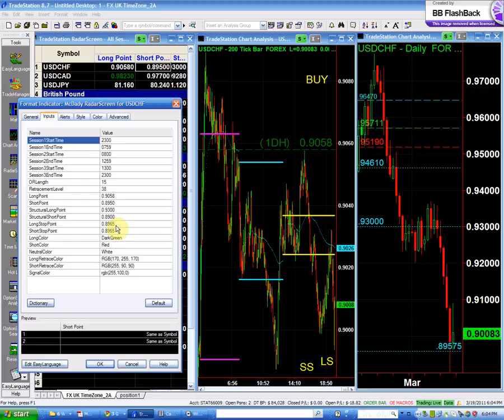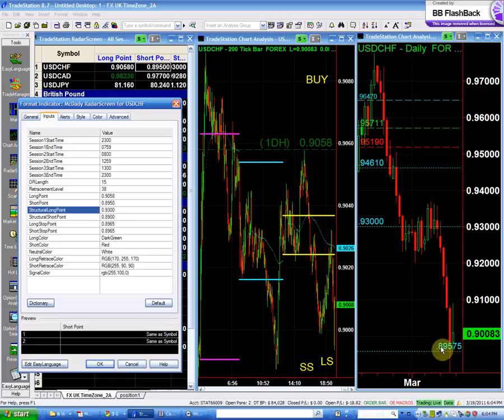Maybe it's 50, and the stops 89.65, 89. These are our stops. My structure long is in this case the 93. My structure short is the 82.11.